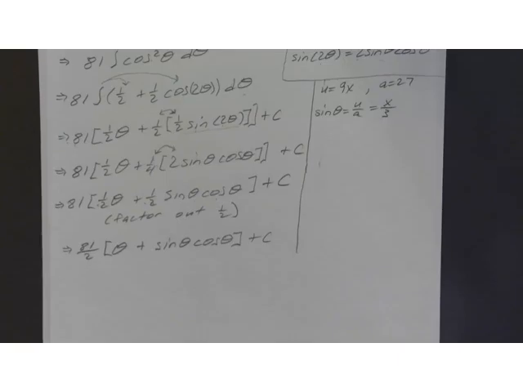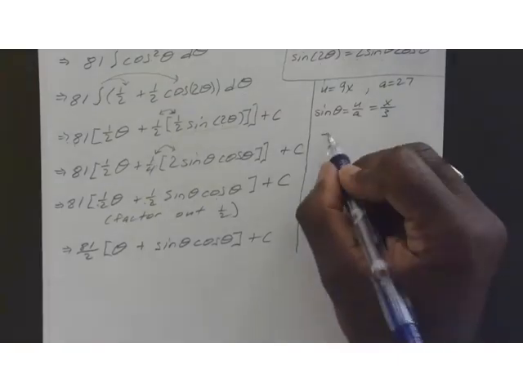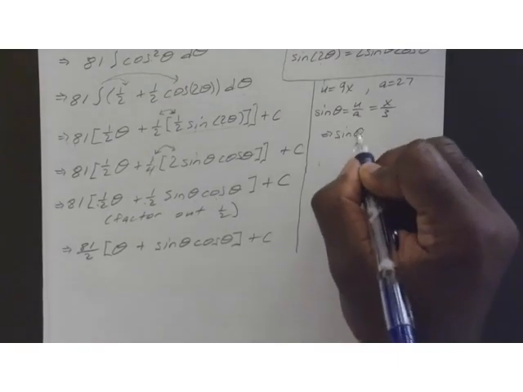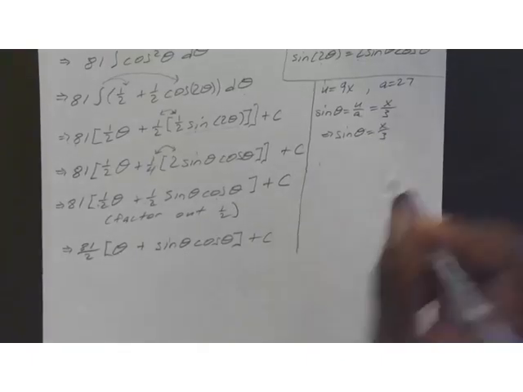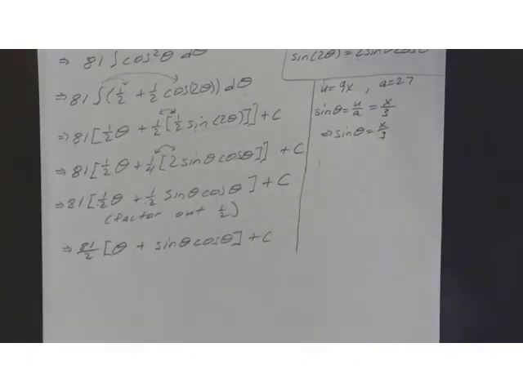So if we want to solve for theta, we have sine of theta equals x over 3. Apply sine inverse to both sides, because sine and sine inverse are inverse functions. The only thing left will be the argument.